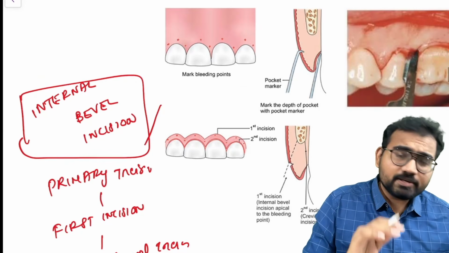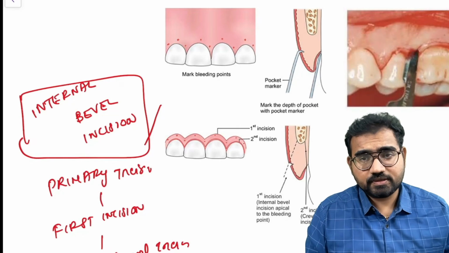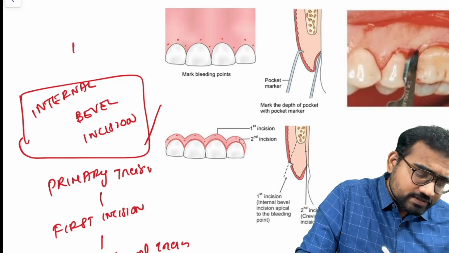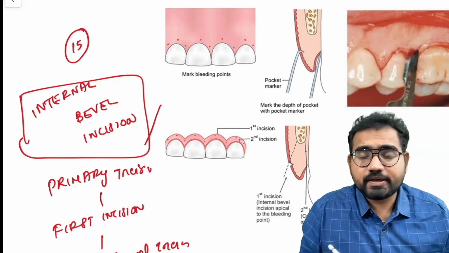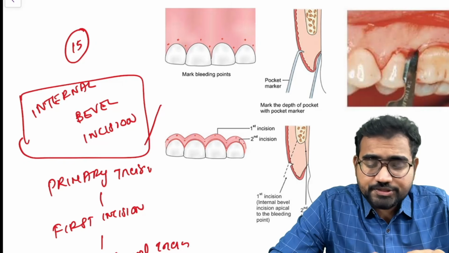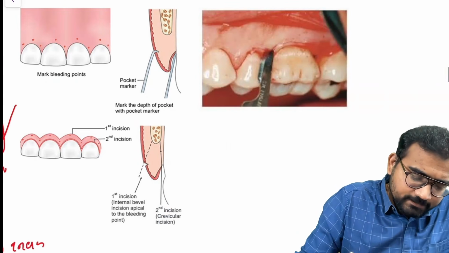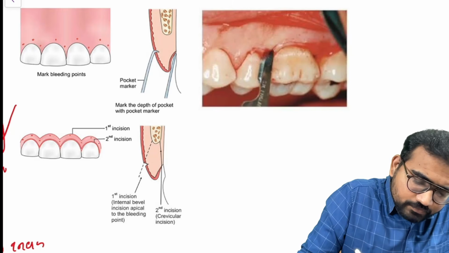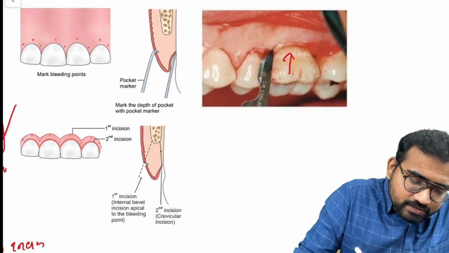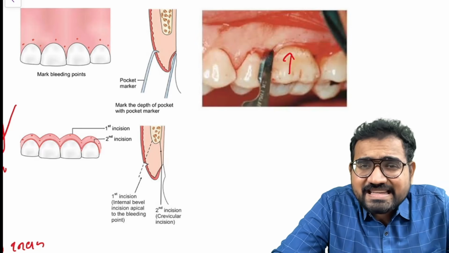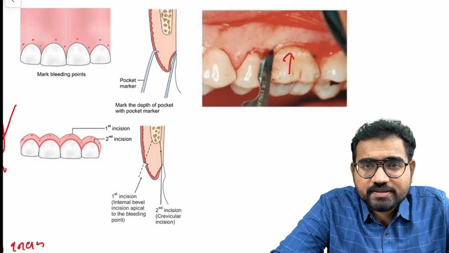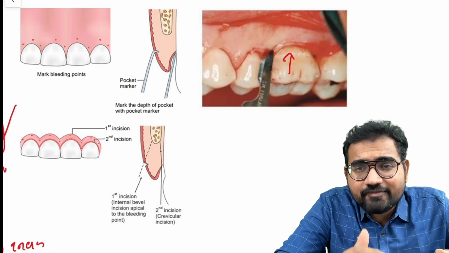The internal bevel incision is the first incision in most flap surgeries. It is done using a 15 size blade. A very important thing about the internal bevel incision, as you can see in this image, is that it is given slightly away from the gingival margin.